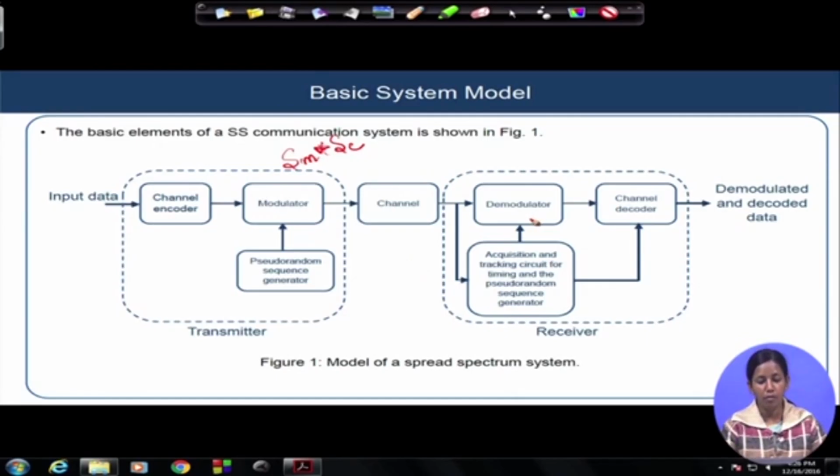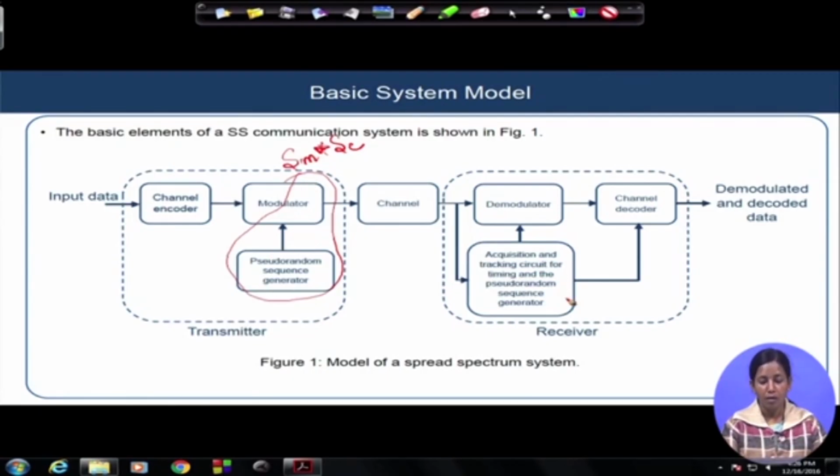This demodulator doesn't encompass the data demodulator. After this spread spectrum demodulation, the actual data demodulation, data detection and channel decoding go on. So the basic difference from the conventional block diagram is that we have a spread spectrum modulator, along with the pseudo random sequence generator feeding it, which is the extra section in the transmitter.